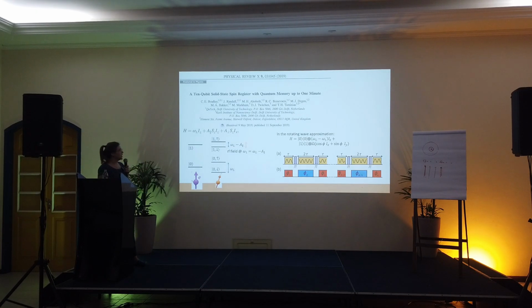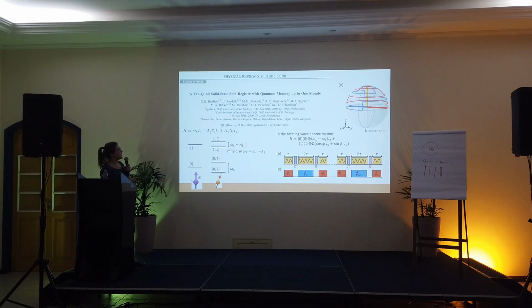So now they can design these types of pulse sequences where they interleave pi pulses on the electron spin, pi pulses that flip-flop my electron spin, with RF pulses of variable phase. They choose a phase for this first RF pulse, a different phase for the second RF pulse, and so on and so forth.